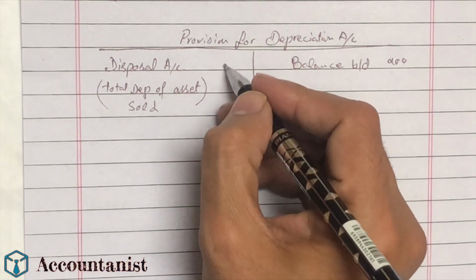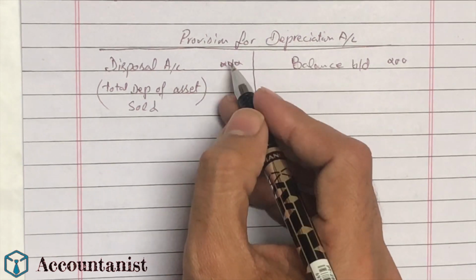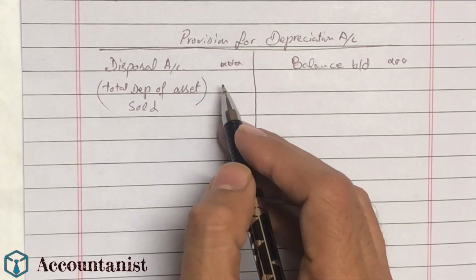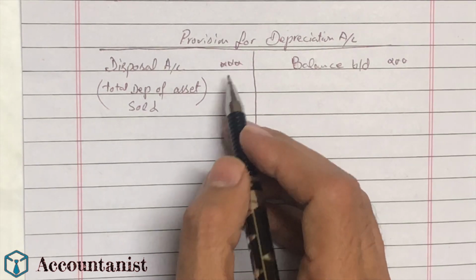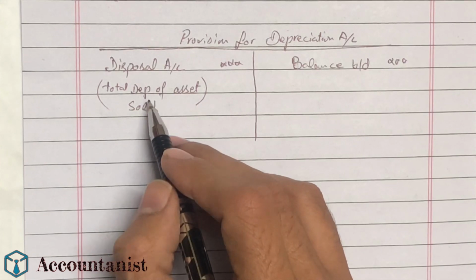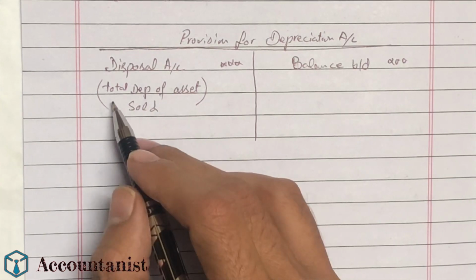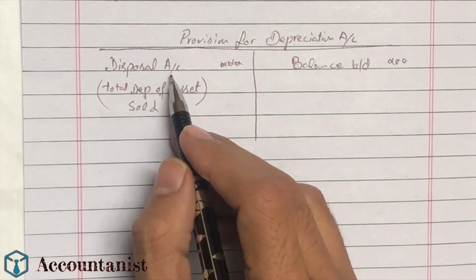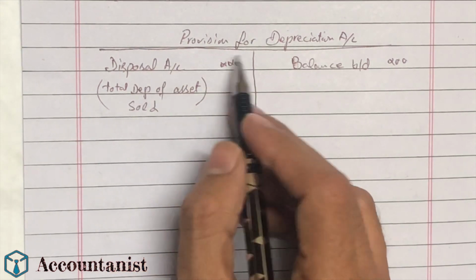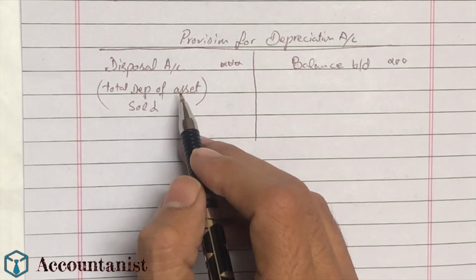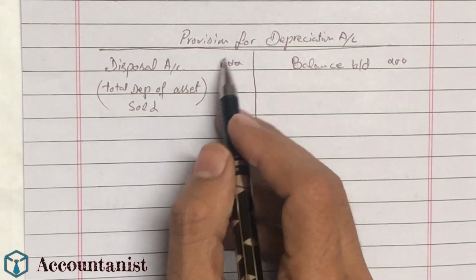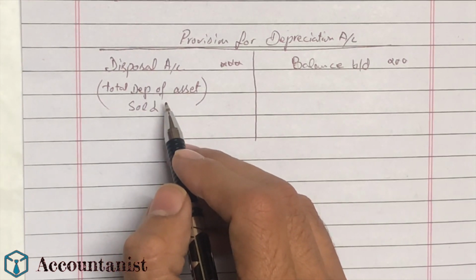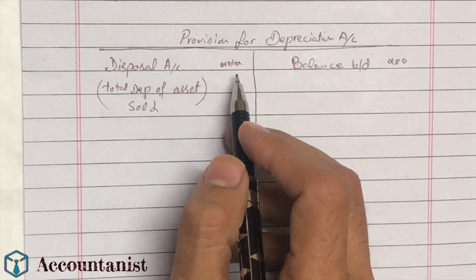The value is against the asset that we are selling, but it is the depreciation value, not only 1 year but the total life depreciation. If we owned this asset for 2 years, we'll write down the 2 years' depreciation. If we owned it for 3 years, we'll write down the 3-year depreciation. Whatever the period we owned this asset, we'll write down that figure here.